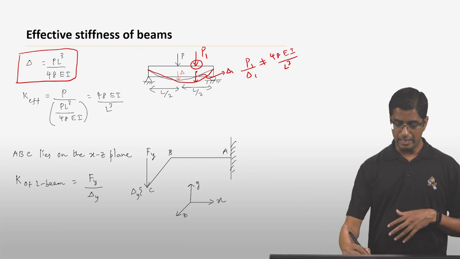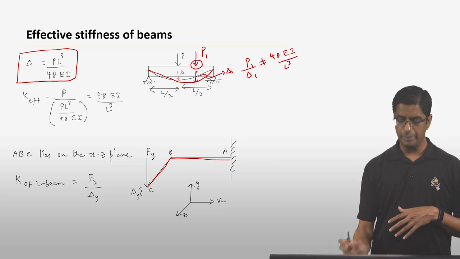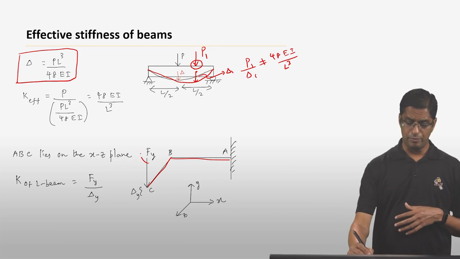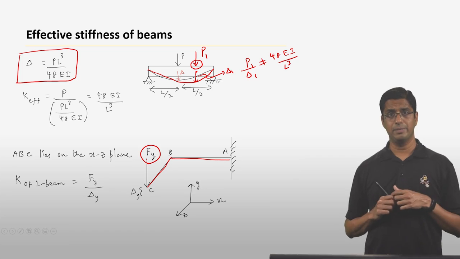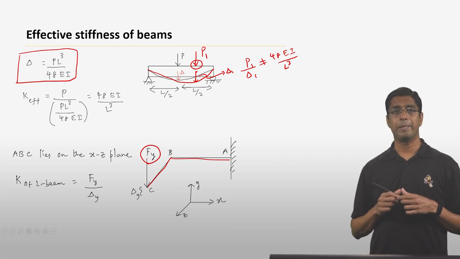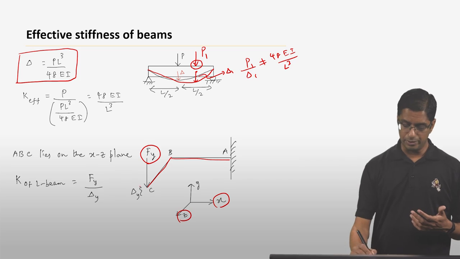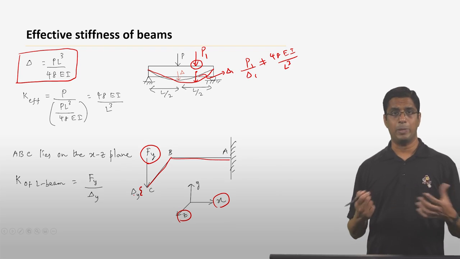So here you have an L-shaped beam, and we have again looked at examples like this in the previous lectures. Now if I apply a force Fy in the vertical direction, and this L-shaped beam ABC is in the XZ plane, then it is going to deflect by some amount delta y.